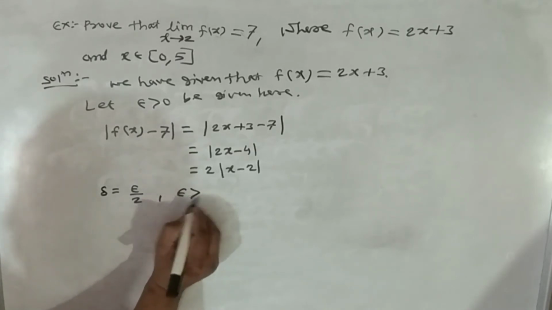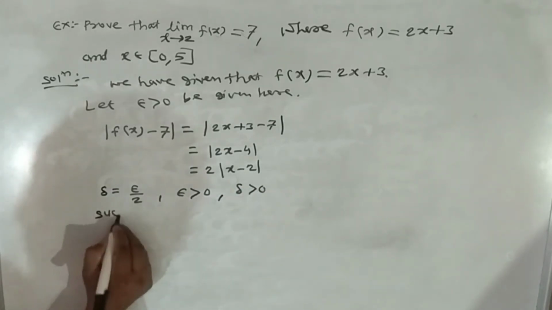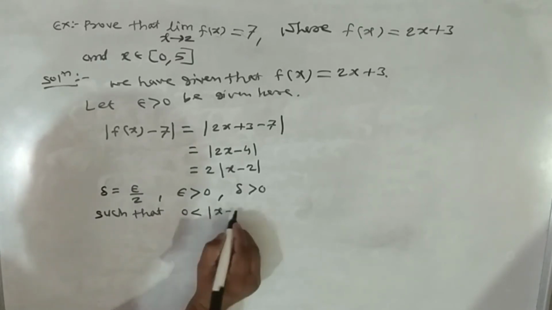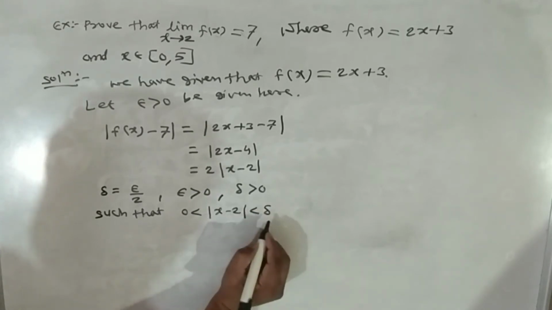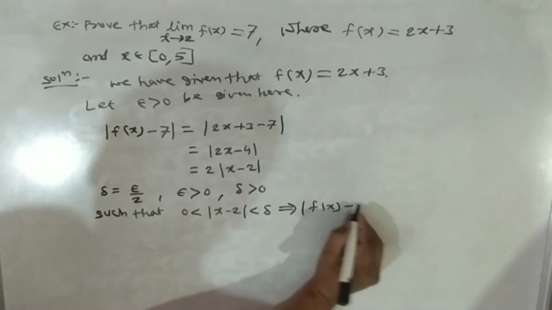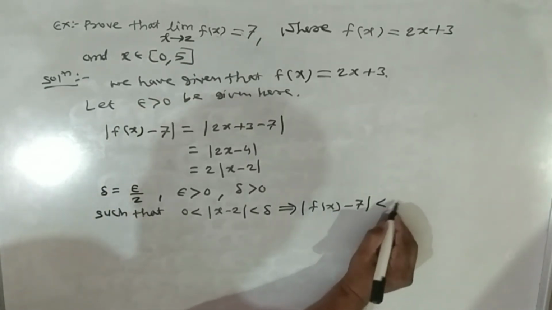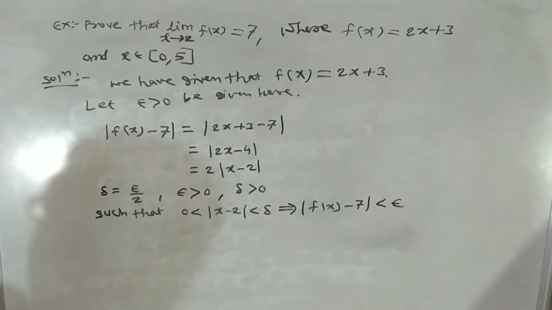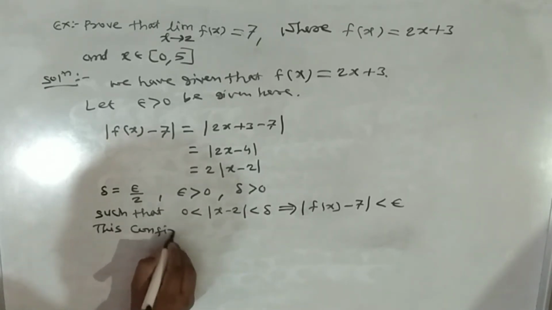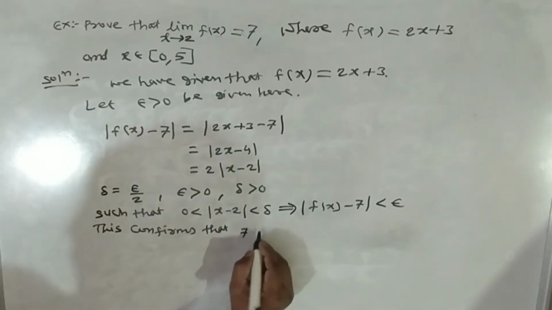Then for epsilon greater than 0, there exists delta greater than 0 such that 0 less than mod x minus 2 less than delta implies that mod f of x minus 7 is strictly less than epsilon, and this confirms that 7 is the required limit.